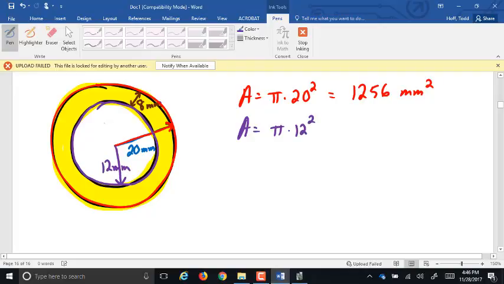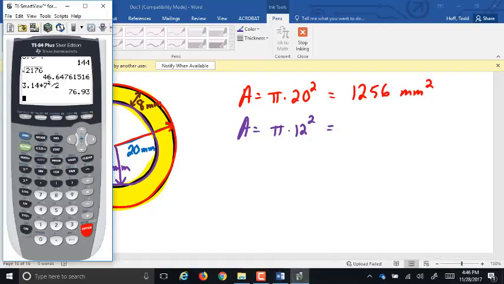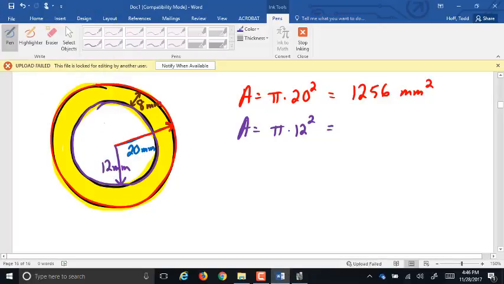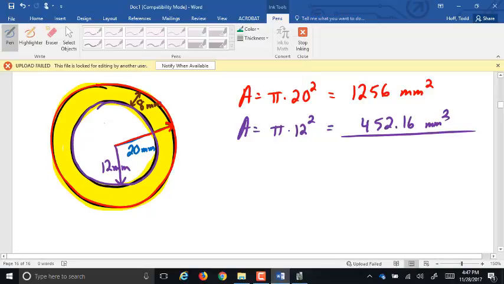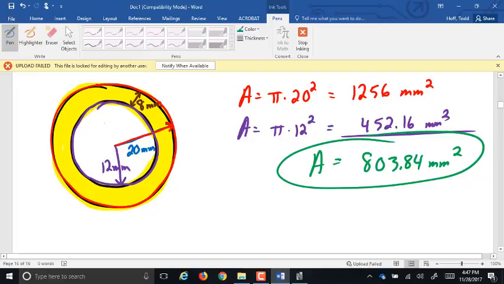So that's going to be 12 squared. 3.14 times 12 squared is 452.16. And that is millimeters squared. So we subtract, and this is going to be 803.84 millimeters squared is the area of that washer.